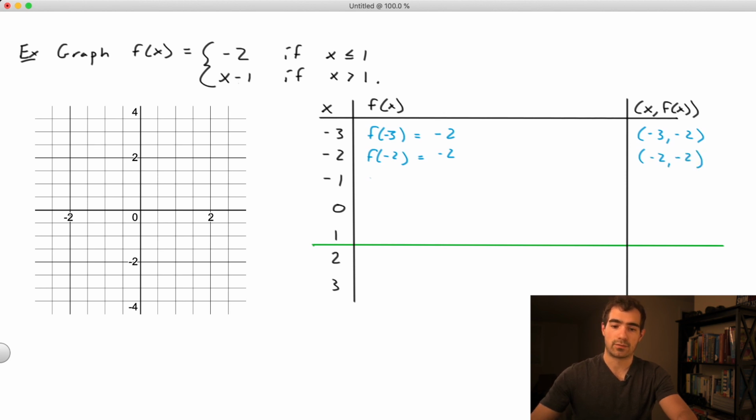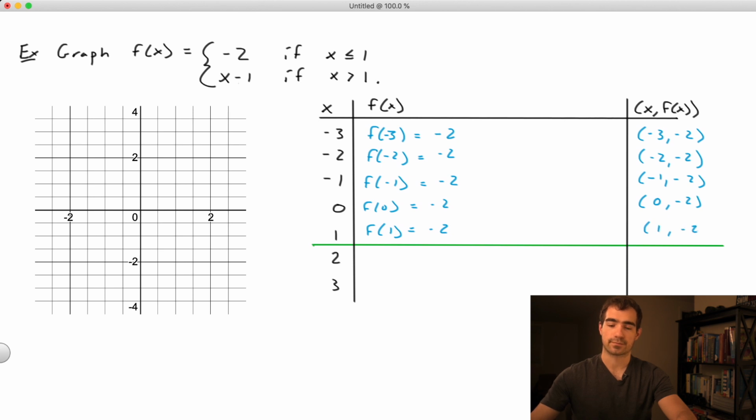For f of -1, we also evaluate that using that top piece, and so we get -2, giving us the pair -1, -2. And we could continue in this way for the remaining two. f of 0 is going to be -2, f of 1 is going to be -2, and so we have 0, -2, and 1, -2.